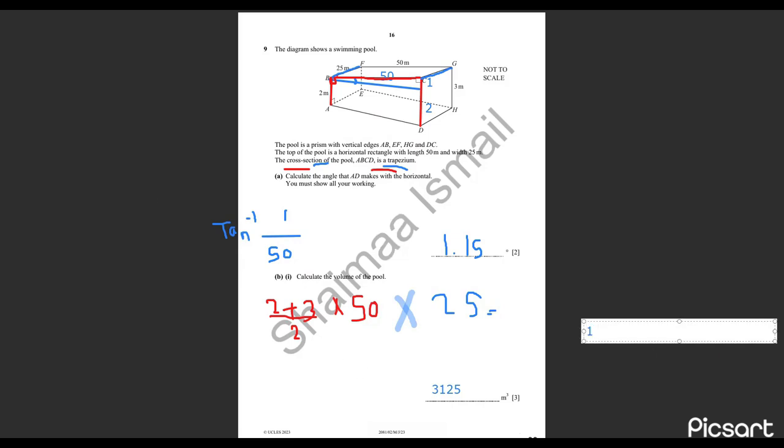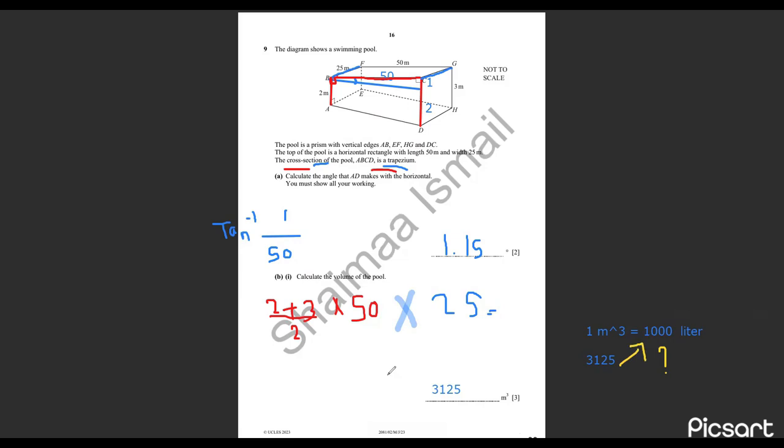Here 1 cubic meter equals 1,000. Okay, remember this. Here we have how many cubic meters? 3,125. And we need to change it to liters. Here 1,000 liters. So we make a cross multiplication, just to get the missing value here.